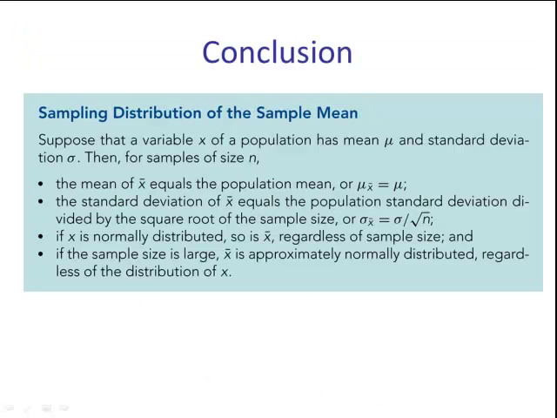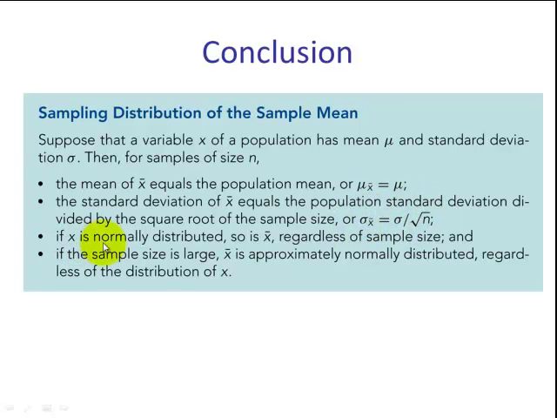So in conclusion, the sampling distribution of the sample mean. The mean of the x bars equals the population mean. Here's the notation. The standard deviation of x bar equals the population standard deviation divided by the square root of the sample size. It's always going to get smaller.